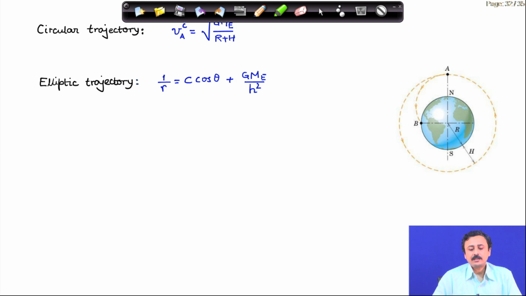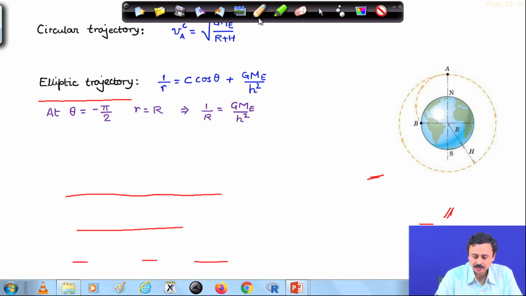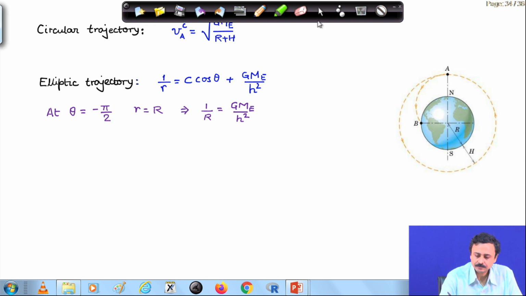Now, since the trajectory is elliptic, first we write down the expression of our kinetic solution at theta equal to minus pi by 2. Now, this requires an explanation. This satellite is moving on this path, and this is an elliptic path.